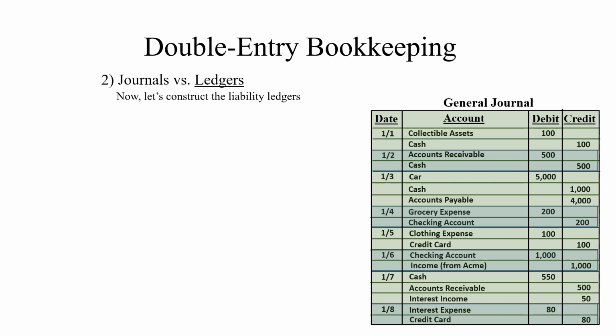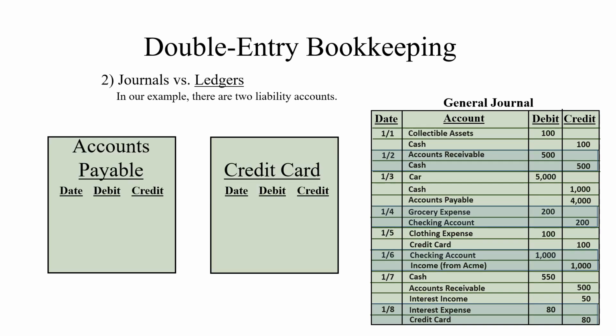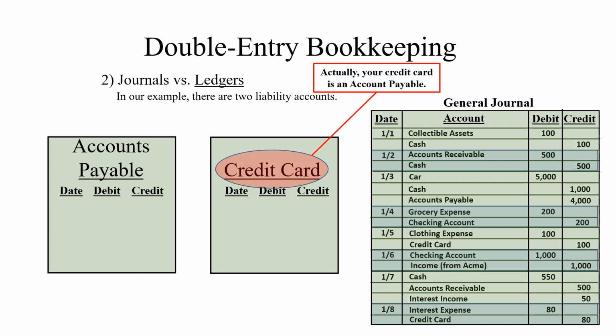Now let's construct the liability ledgers. As you can see, there are two liability accounts. And here are the liability ledgers, accounts payable and credit card. As you know, your credit card account is actually an accounts payable.